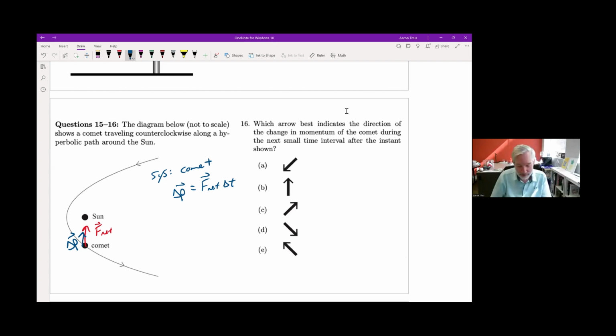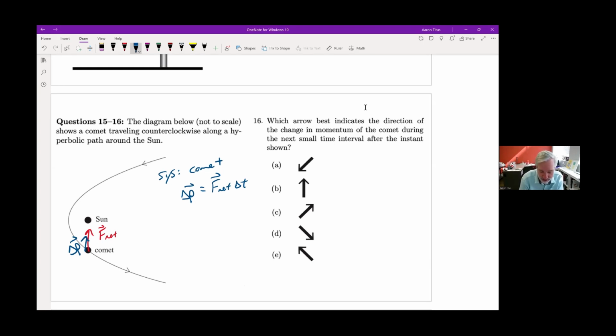So this question was on a test about 3 weeks ago. And on that test, they had used the momentum principle, delta P equals F net delta T, over and over and over. Keep in mind when I say the momentum principle, depending on the situation, sometimes they're writing it like this.